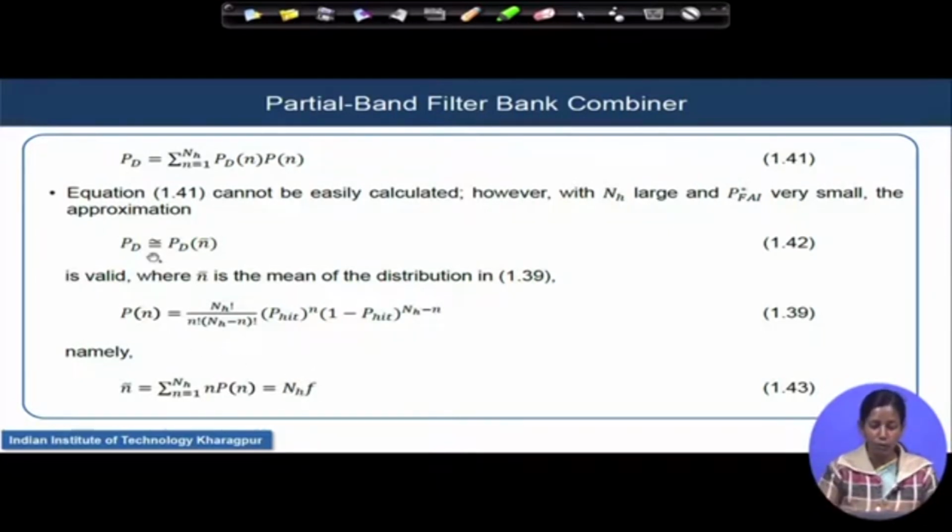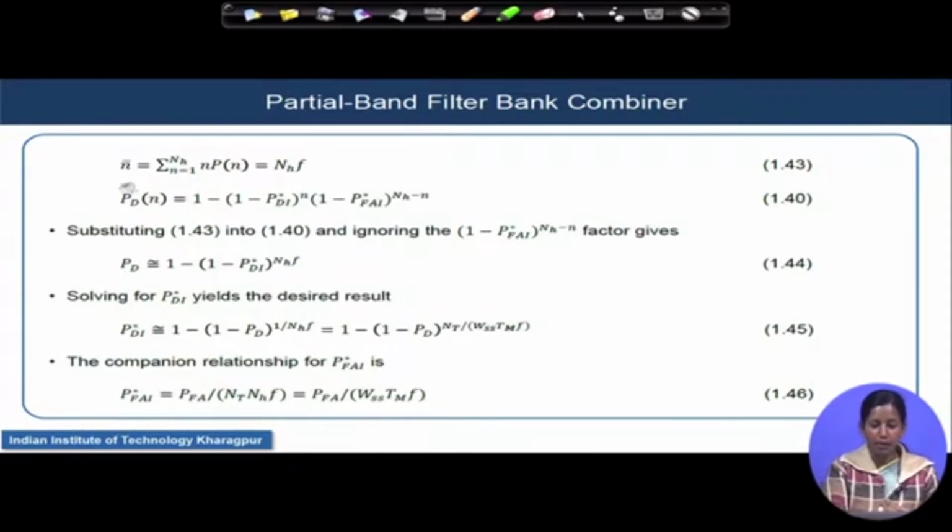So finally, when my n bar is equal to NH into f, the detection probability is given by this. Substituting this value of n bar inside this expression and ignoring the false alarm probability, because we have talked about the false alarm probability being very low in that situation, if all that happens, with n coming to n bar and the false alarm probability also very small, then substituting the value of n bar inside this equation, I end up with the detection probability given by 1.44. Correspondingly, the detection probability of an individual channel will be given by the expression 1.45.